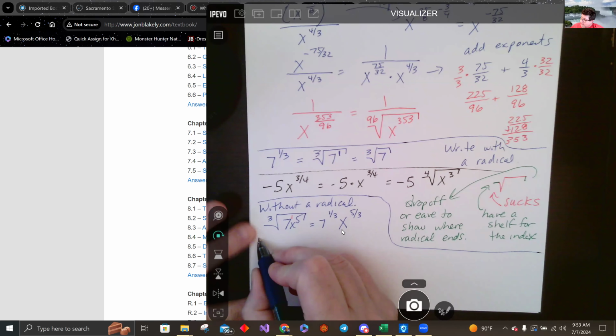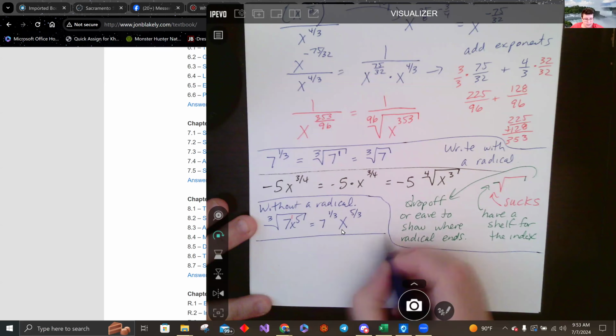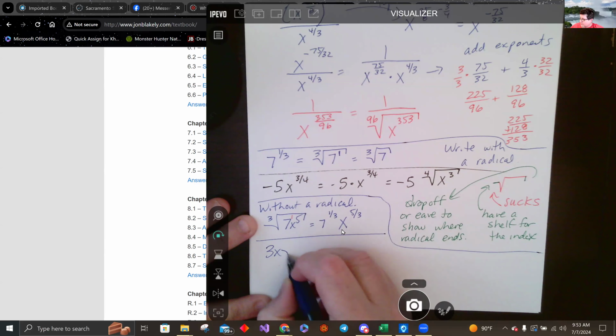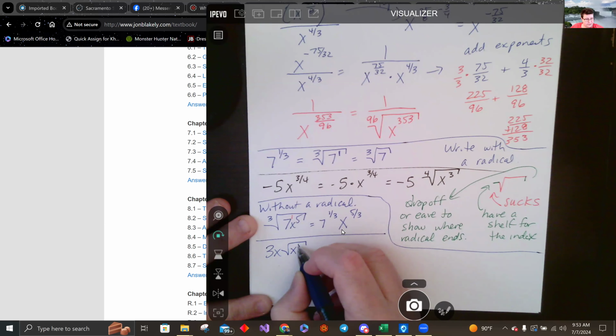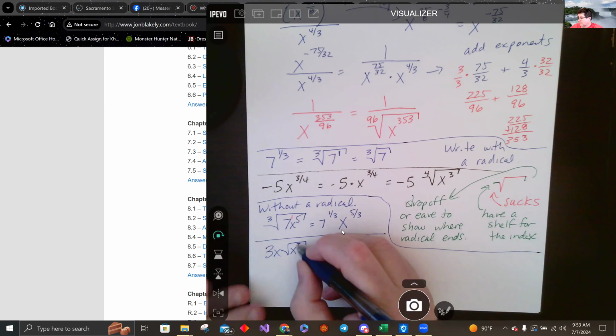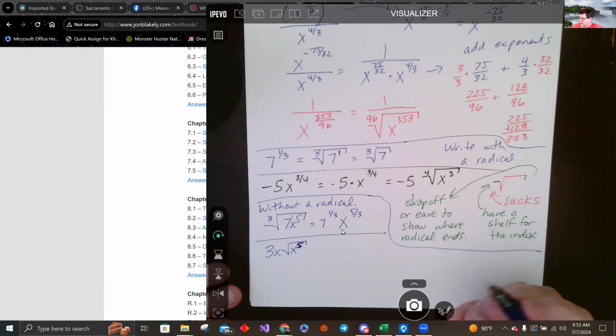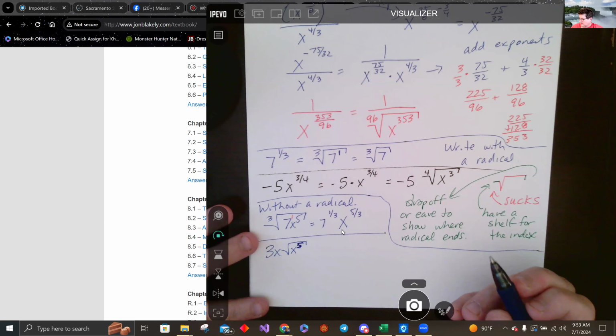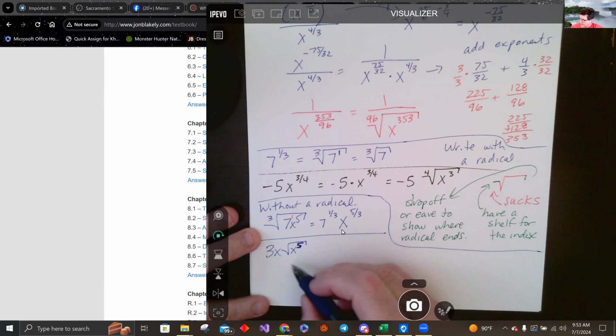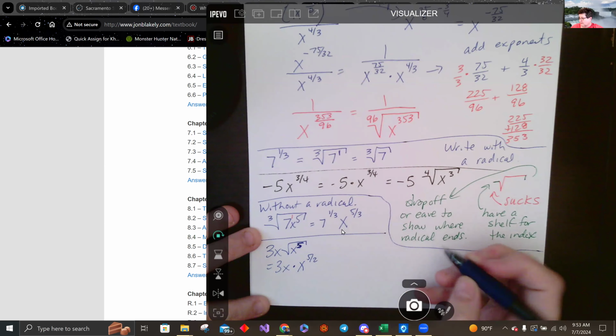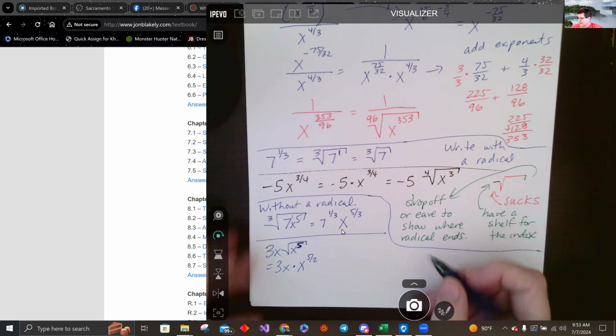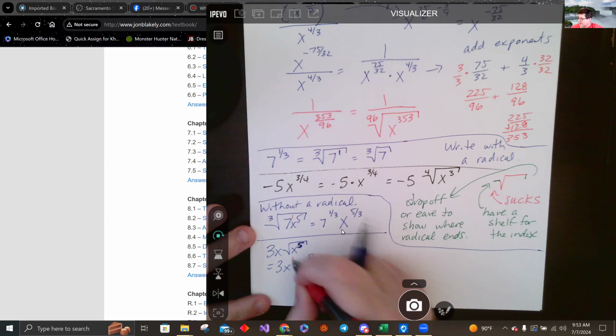We'll do it here with the next one. 3x times the square root of x to the 5th power. So this is 3x times x to the 5/2. And this is like an x to the 1st.